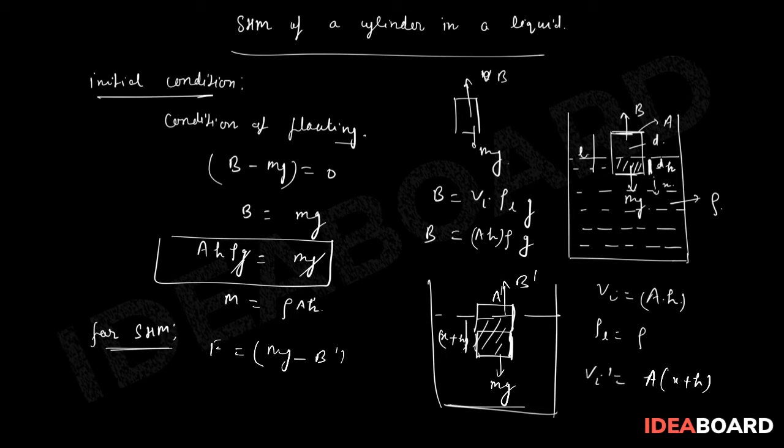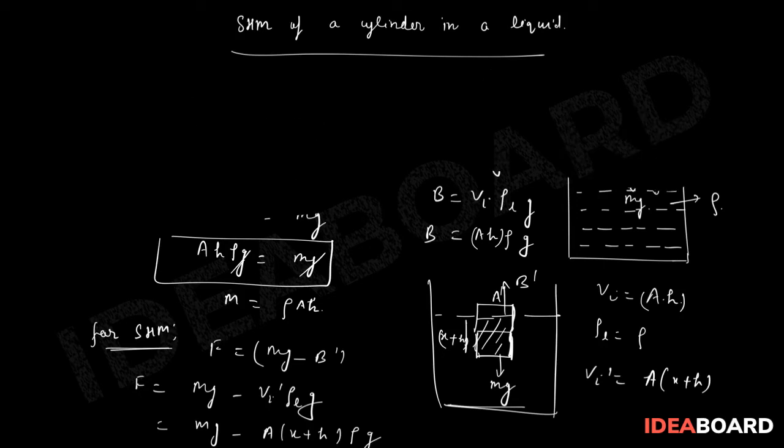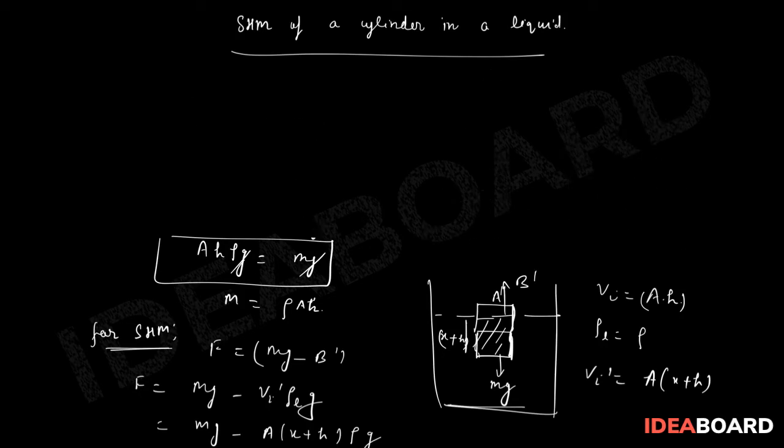Then I can write that F is equal to mg minus B dash, where B dash is V emerged dash rho liquid g. So we can substitute: mg minus A into x plus h, rho g. Let us solve this and see what we get.